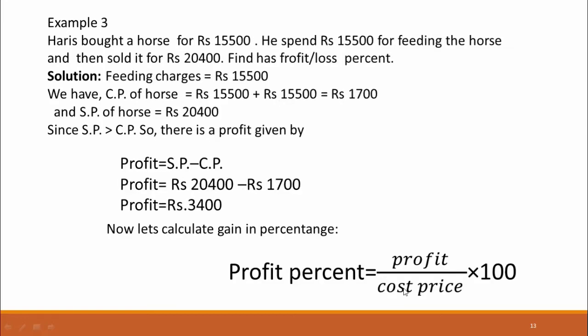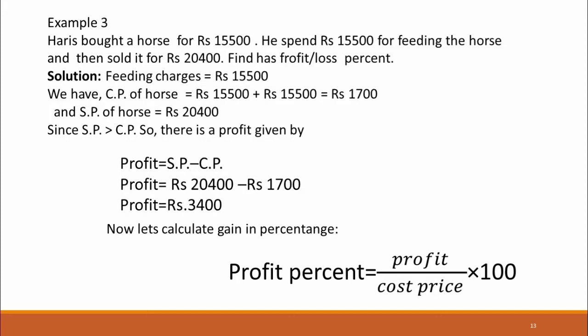Now example number 3. Haris bought a horse for Rs 15,500. He spent 5,000 for feeding the horse and then sold it for Rs 20,400.